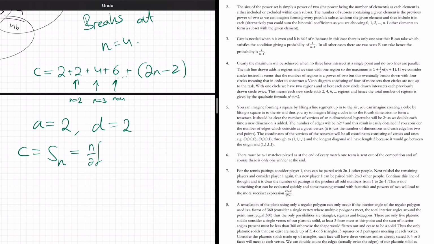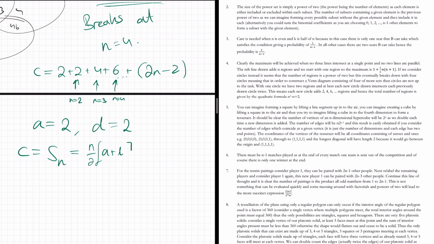That implies it's just n squared, even though this is clearly wrong. That's weird. I'm making some kind of silly mistake here.